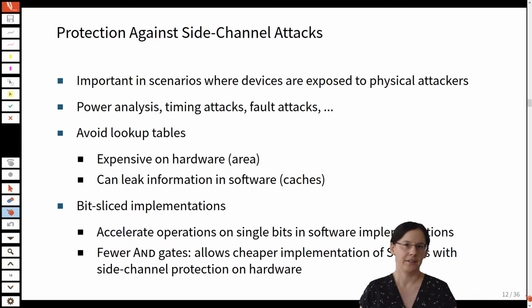And on the other hand, it's things like implementation attacks, such as fault attacks and side channel attacks, which threaten you whenever you expose your devices to a physical attacker, which unfortunately happens quite often for the sort of applications we discussed earlier.